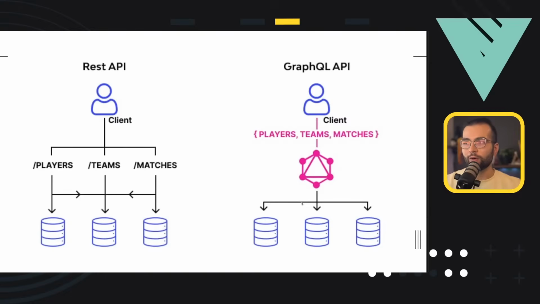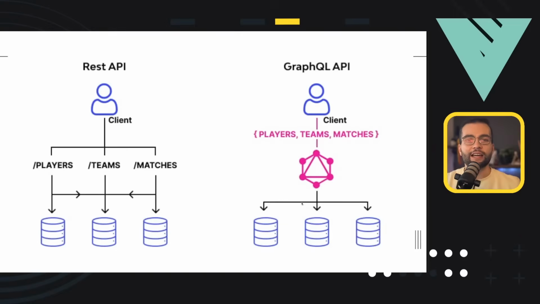So compare GraphQL APIs with REST APIs. In the REST API world, usually we have a separate endpoint for different models, for example, /player, /team, /matches, and we send a request there. The API gives us all the data that it knows about, for example, a player or a team, and then the worst case is when we need a lot of data for a specific screen.